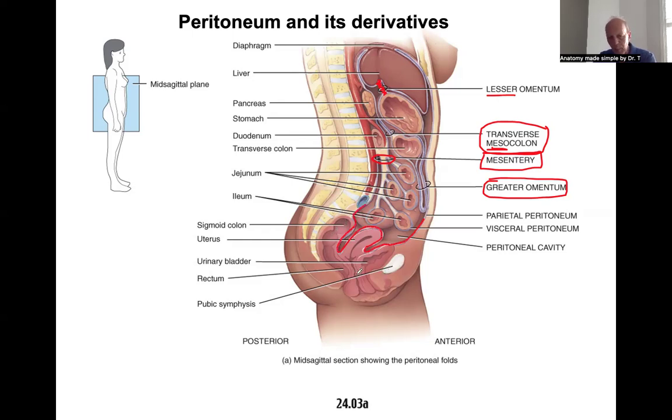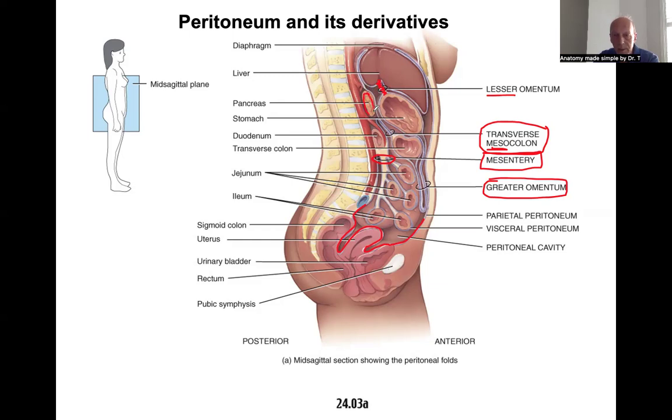Basically, these structures, whether it's rectum, uterus, vagina, urinary bladder, urethra, these are all extraperitoneal structures. They do not have a large percentage of their surface wrapped up with the peritoneum. They are considered to be extraperitoneal, just as the pancreas.